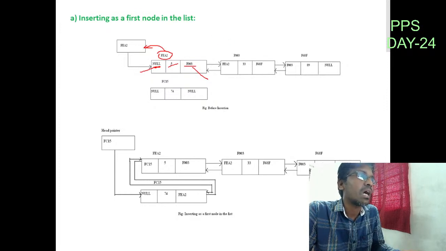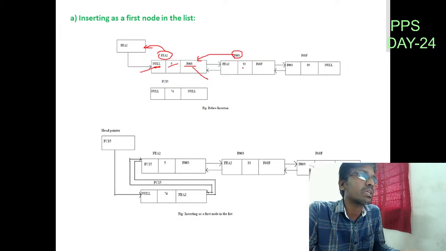And the next one, I am inserting data 5 into the data field, and after that the address of the next node. So what is the address of the next node? That is the second node address, which will be stored into the first node. And similarly, now coming to here, what is the address of the second node? That is F003. Okay, now clear?